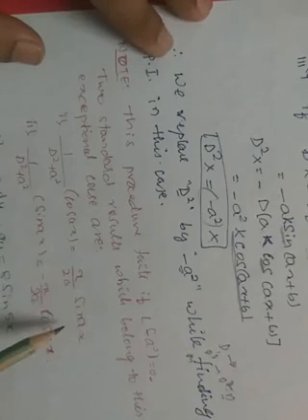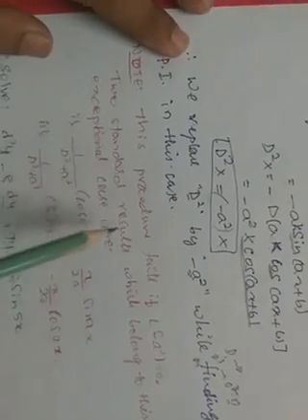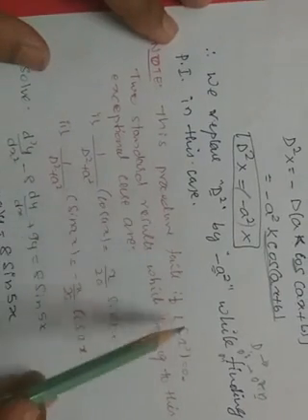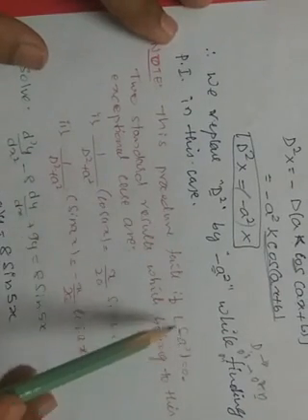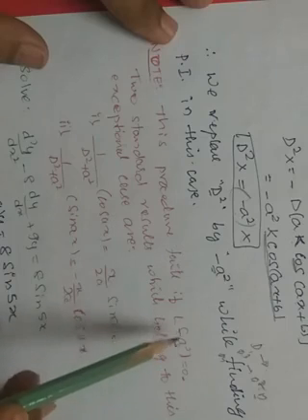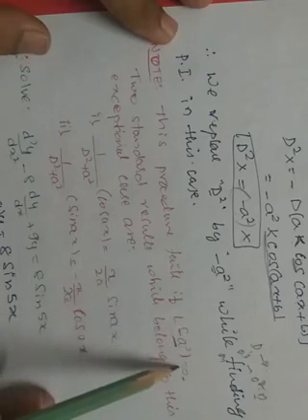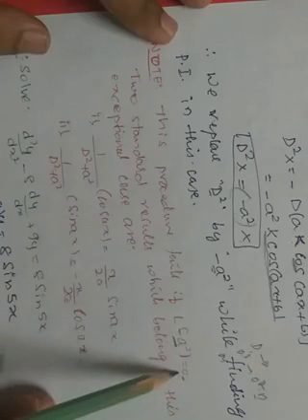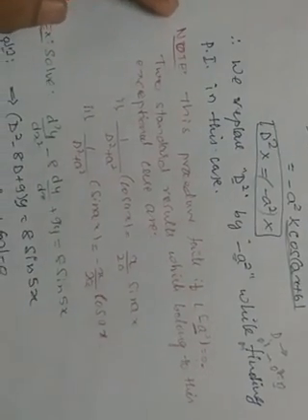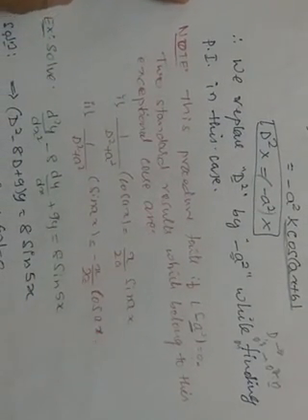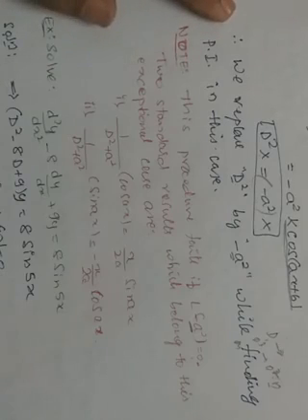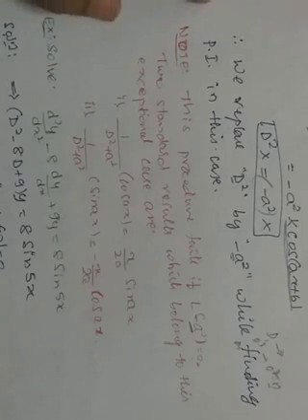Now sometimes what happens is, if you replace d square by minus a square, the denominator may be equal to 0. If the denominator is equal to 0, anything divided by 0 becomes infinity, so that is not valid, not defined, or the solution does not exist.